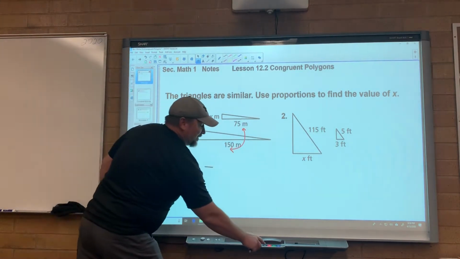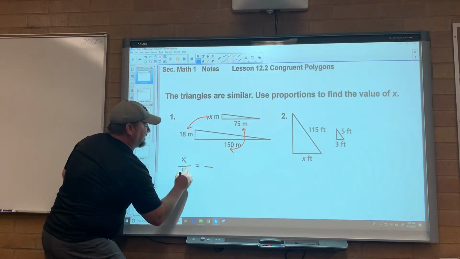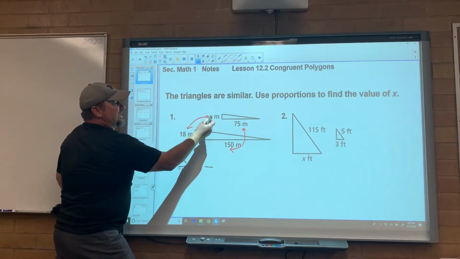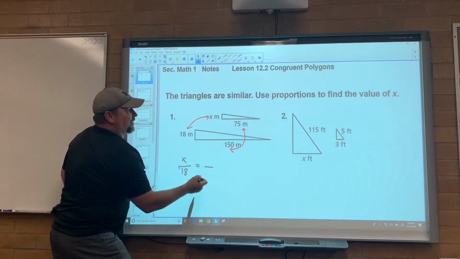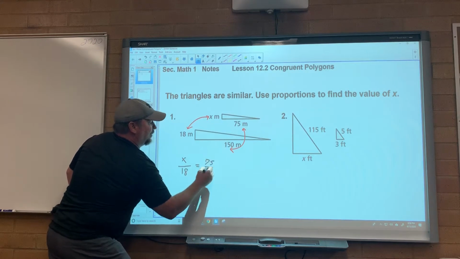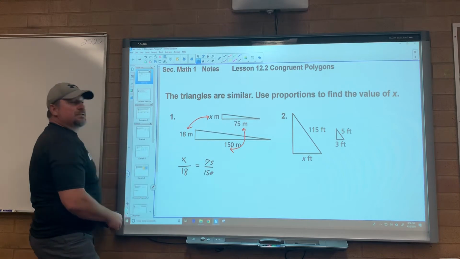And now it doesn't matter what you pick first, it only matters what you pick next. So I'm going to pick X, so I'm going to put 18 under it. Now, because I chose X and it's on top, I go back up to that shape to get the next number of 75 over 150. And now it's just a matter of cross multiplying to solve it.